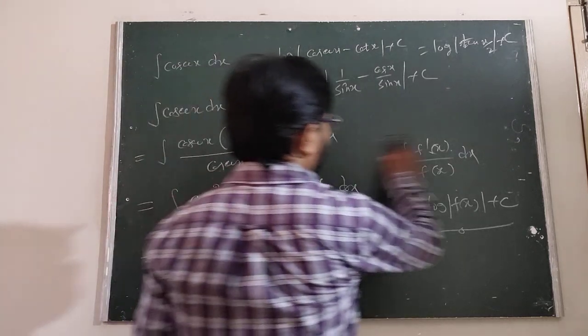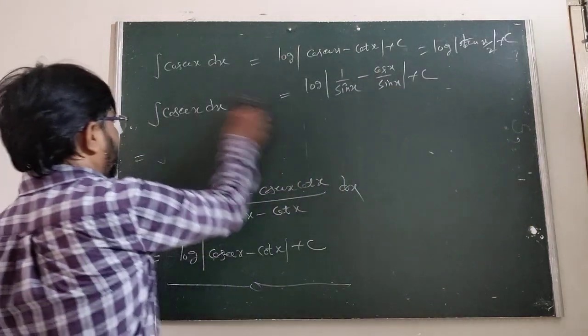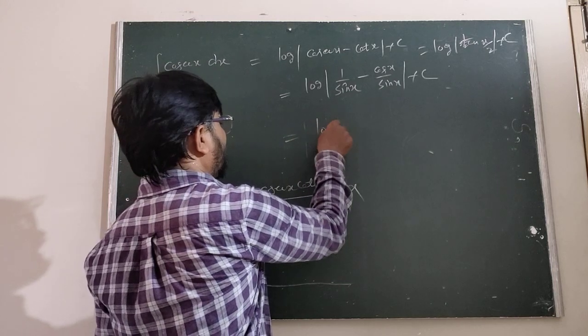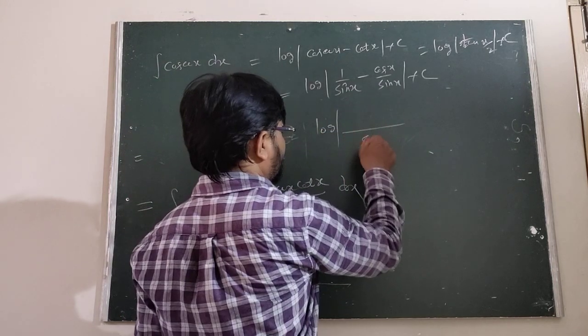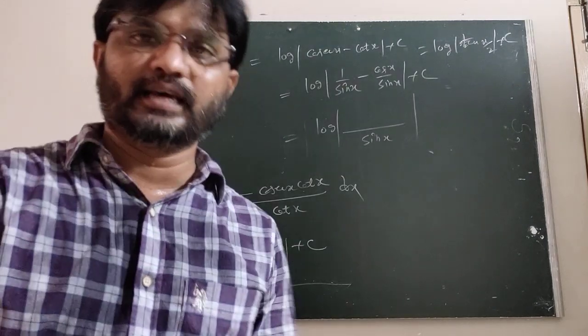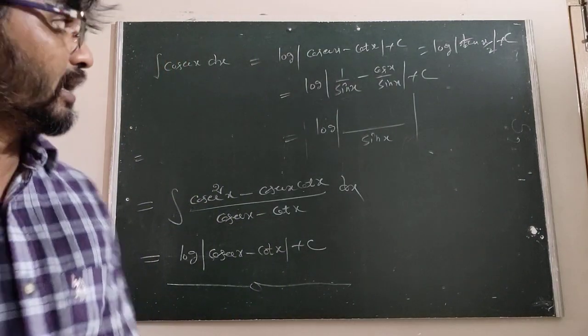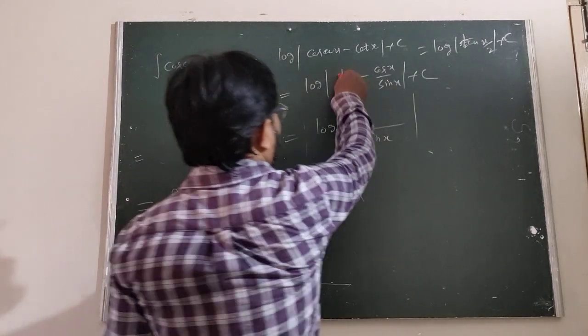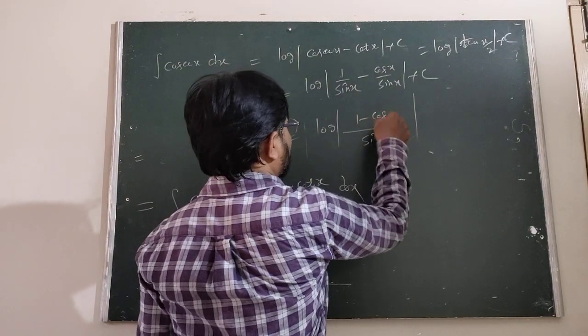Therefore, we take the LCM. What is the LCM here? Sin x. The denominators are equal. Now taking the LCM sin x, the remaining in the numerator is 1 minus cos x.